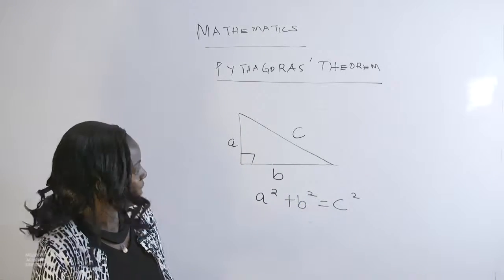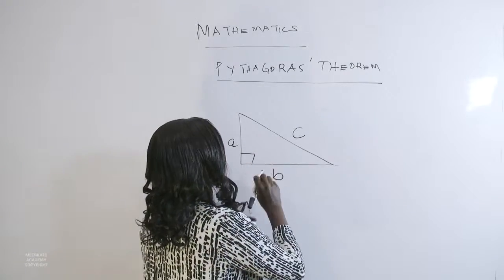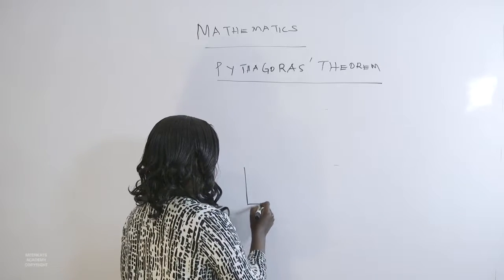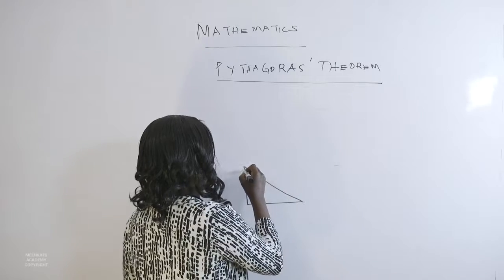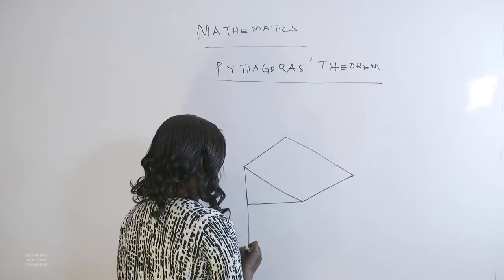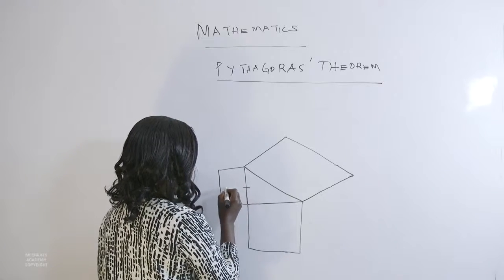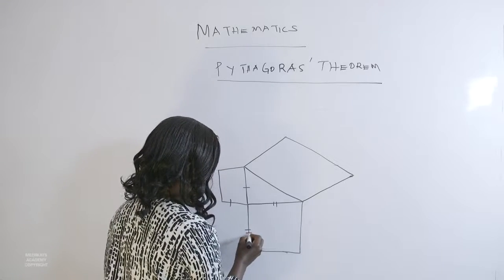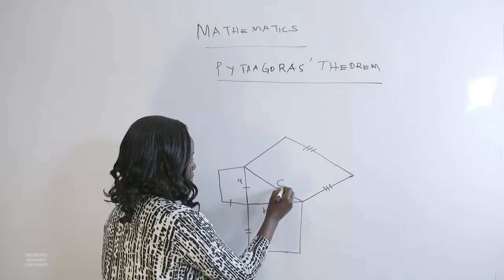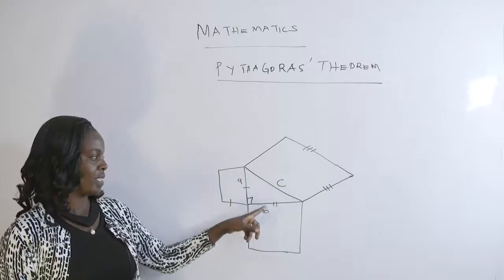And this can be proved by... we have this right-angled triangle, ABC.